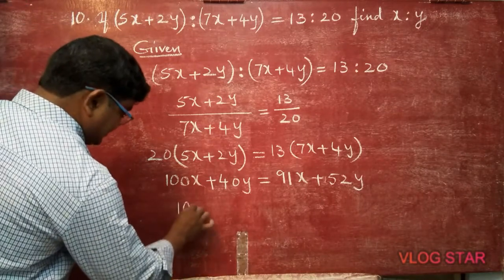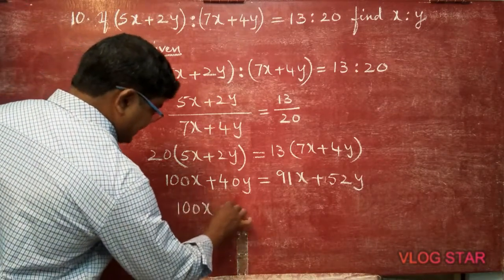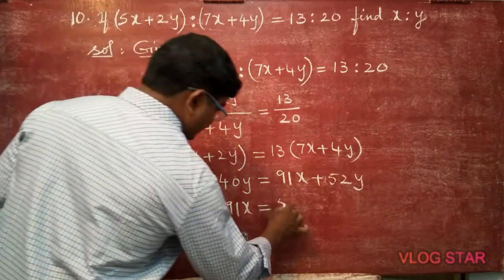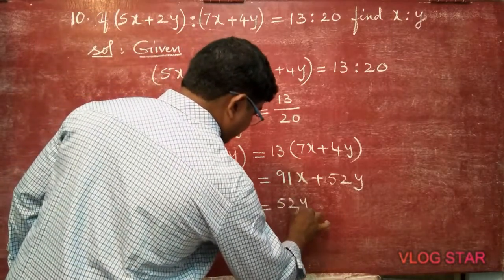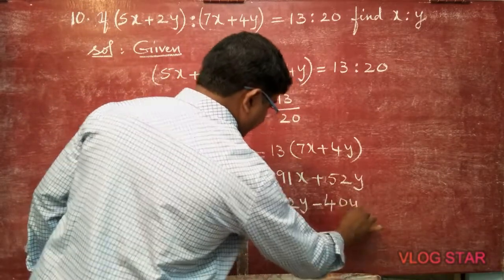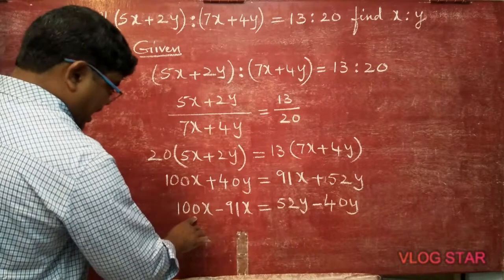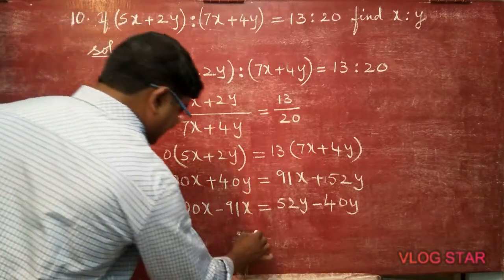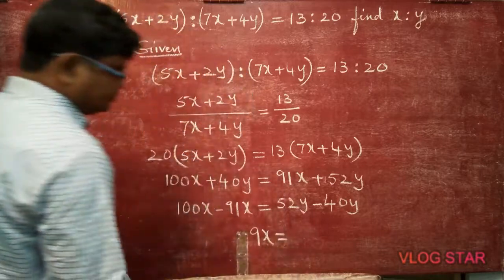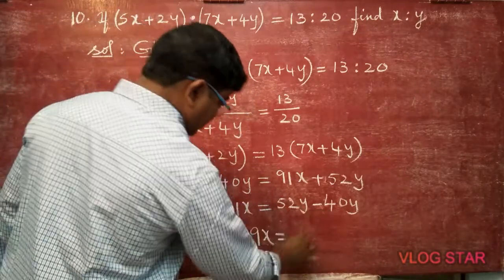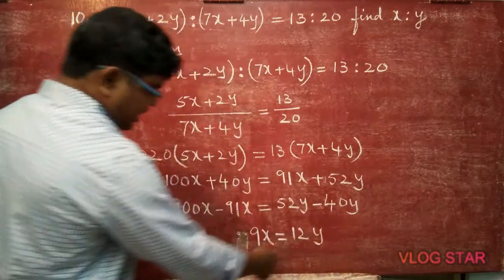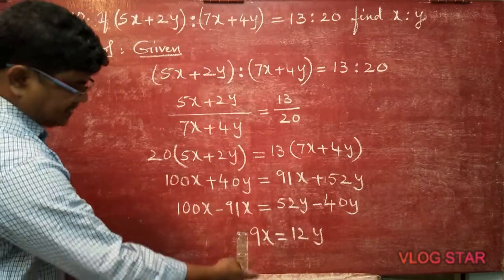So 100x minus 91x is equal to 52y minus 40y. Now 100 minus 91 is 9x. 9x is equal to 52 minus 40 is 12, 12y.